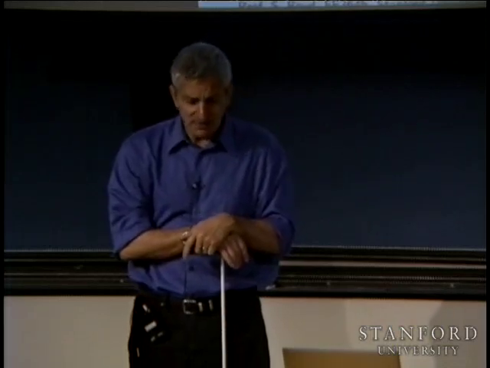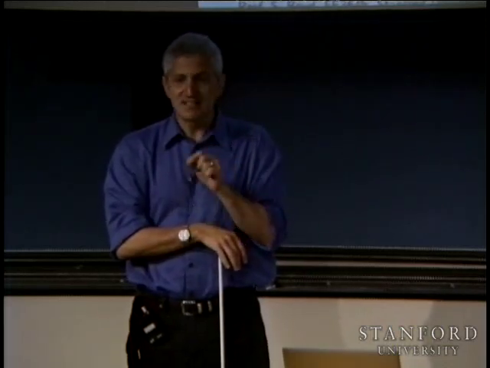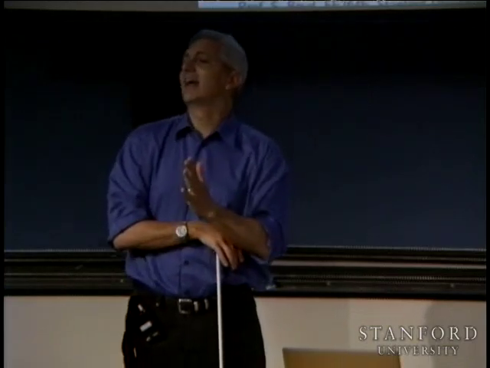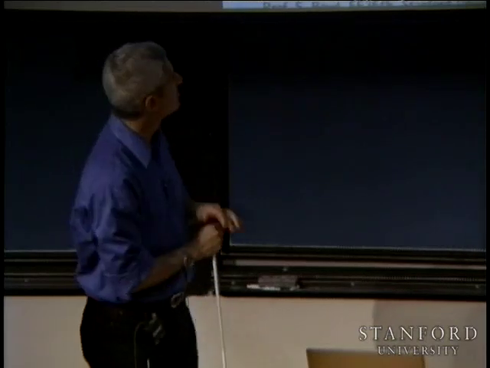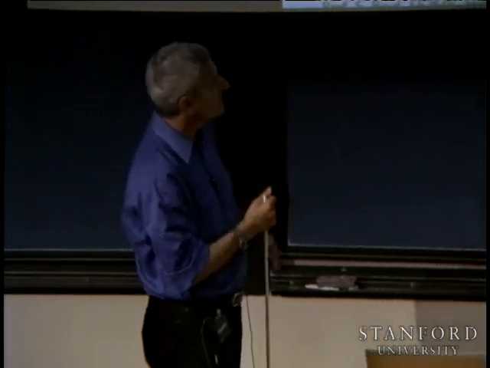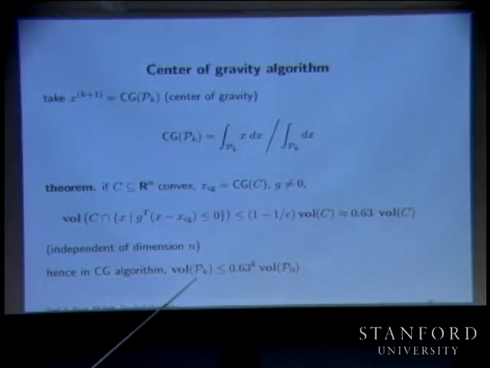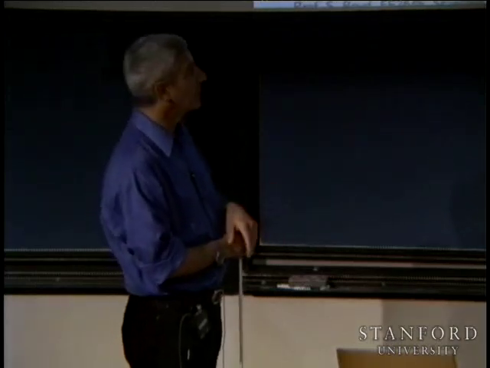And that means basically, if you find the CG of a set, the worst hyperplane through that point will chop off at least 37% of the volume. So that's what it is. That's very nice for the CG algorithm, because it says the volume of the localized set goes down by the factor 0.63 at least. It can go down more.